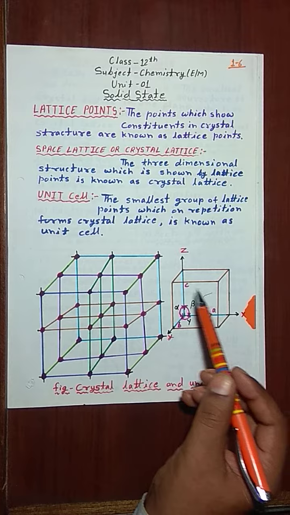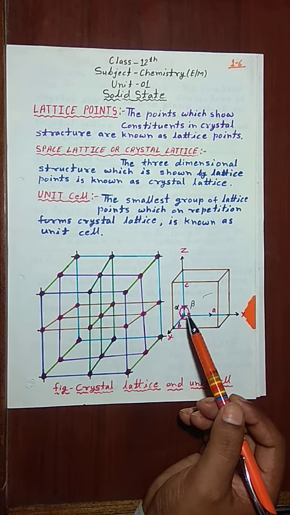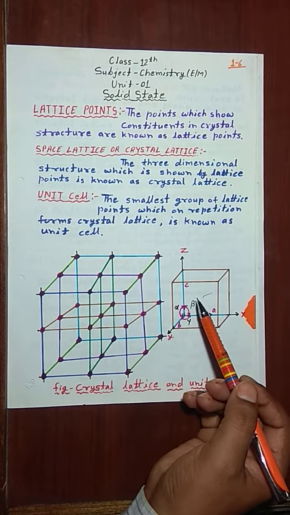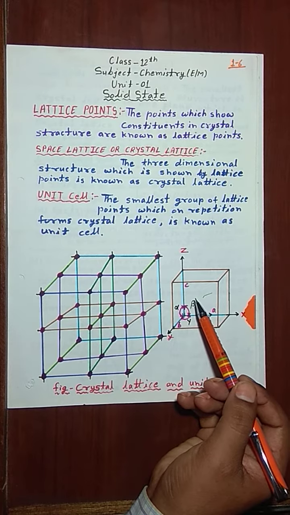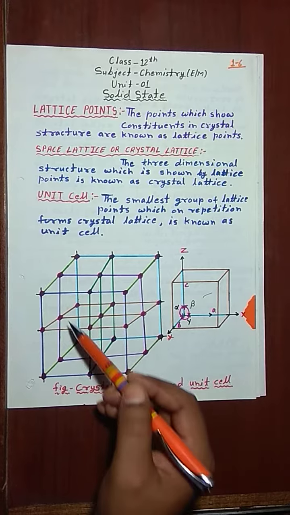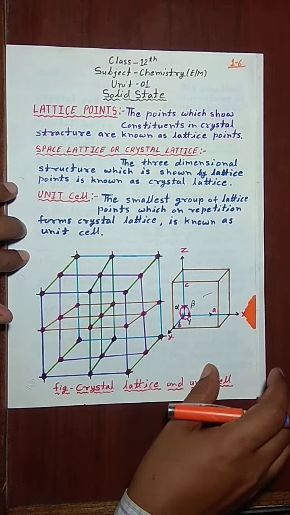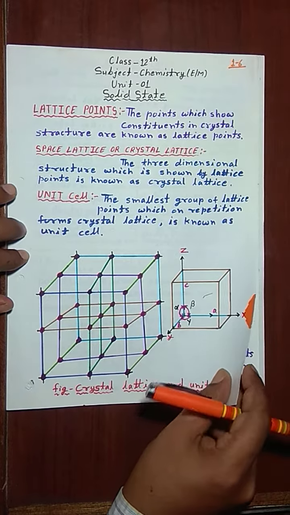This figure represents a unit cell. This is the simplest and smallest part and can form the whole lattice. That's why this is called unit cell, correct?